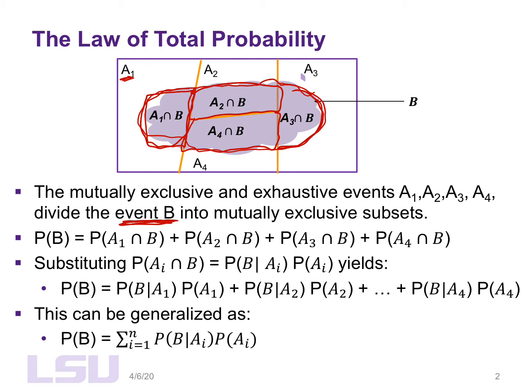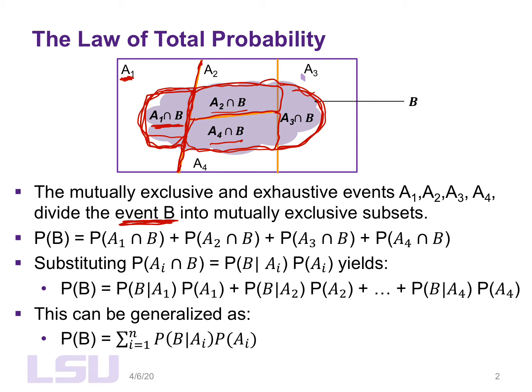And now those different chunks, you can write them in terms of probability, right? This is A1 intersection B. It's where A1, bounded here, intersects with B. And each of those different chunks are annotated here. So this is A2 intersection B, A4 intersection B, because this is A4 and B is the cloud.